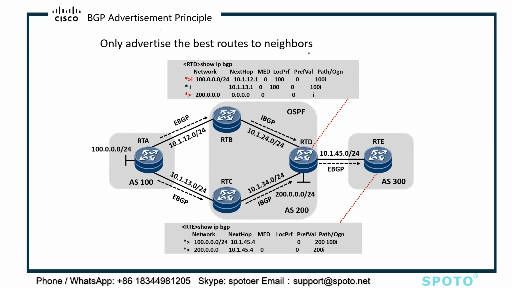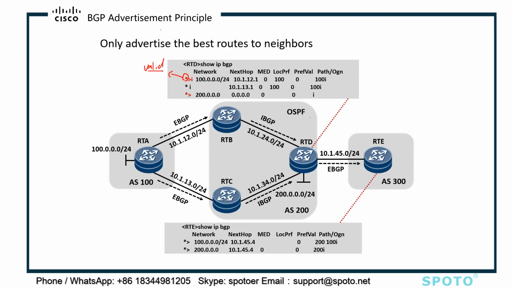And also, the router can just advertise the best and valid route to the neighbor. We can see this in RTD's routing table. The routing table actually has 3 different routing entries, and if a routing entry has this symbol, it means it's valid.